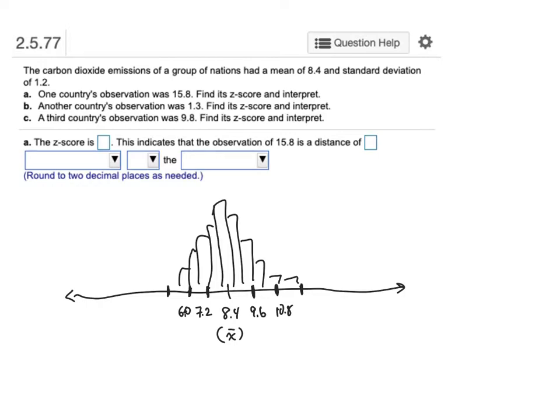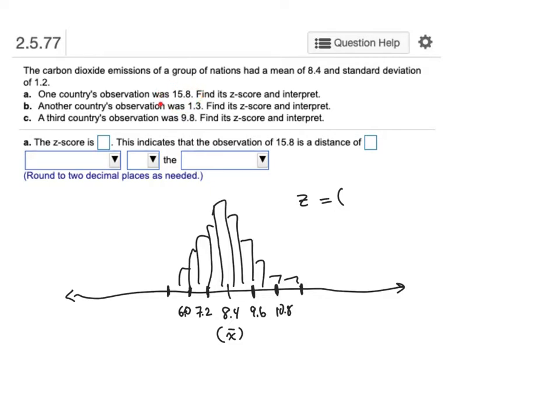So when we were talking about the empirical rule, we were talking about how the data spreads out according to the standard deviation. The idea of a z-score is to figure out how a particular data value falls within that spectrum. So the calculation that we do is this computation. We're going to take the value that they give us, the thing we're trying to find the z-score for.